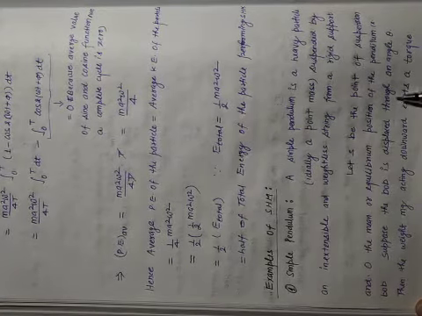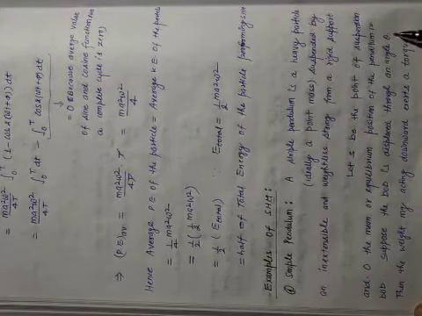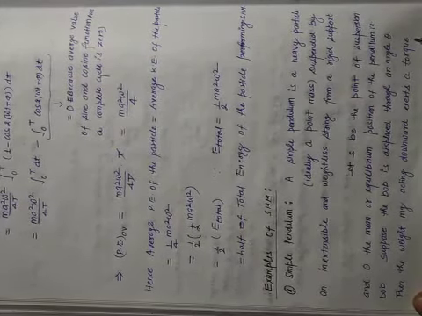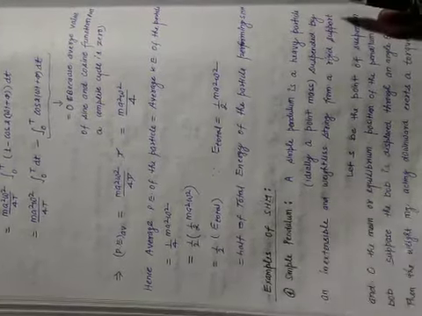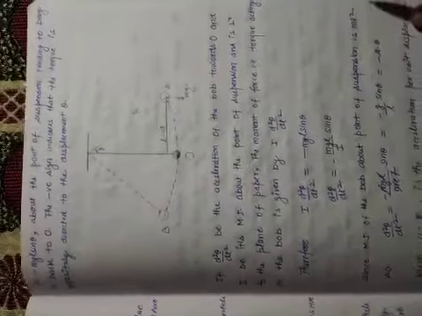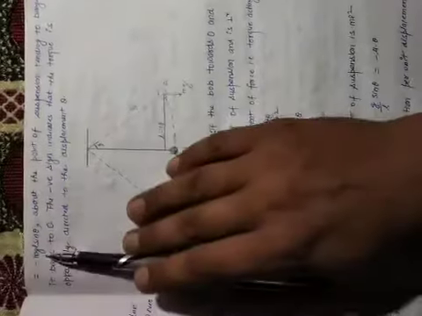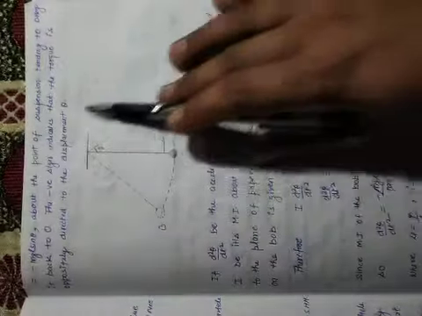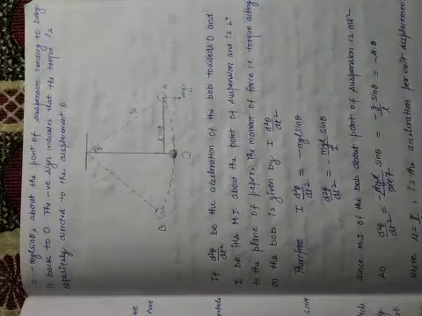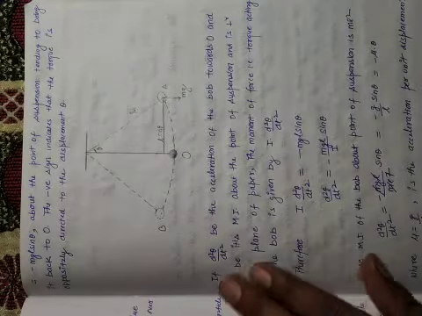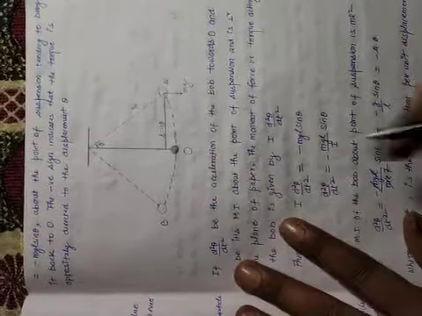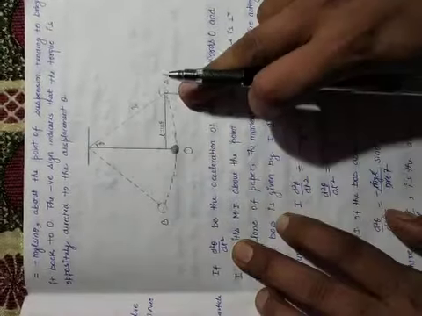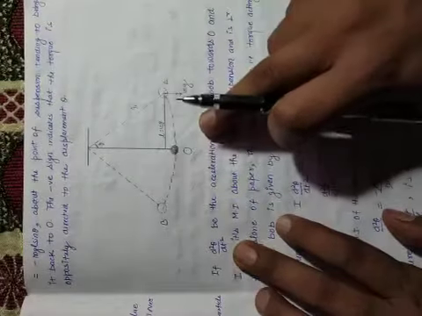Suppose the bob is displaced through an angle theta, then the weight mg acting downwards exerts a torque, and that torque is equal to minus mgl sin theta. Look at here, this is the arrangement for performing simple harmonic motion in this simple pendulum.